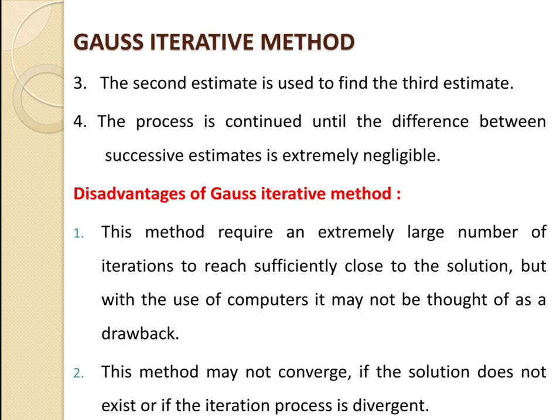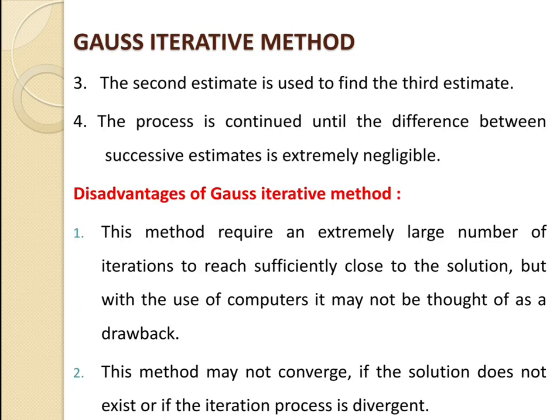So there are some disadvantages of the Gauss iterative method. First one, this method requires an extremely large number of iterations to reach sufficiently close to the solution, but with the use of computers it may not matter. Second, if the solution does not exist, or if the iteration process is divergent.